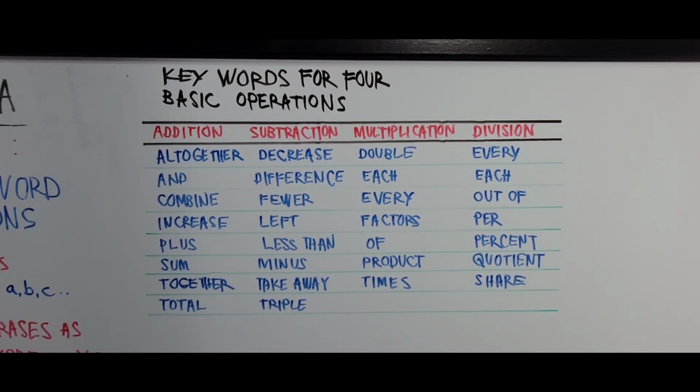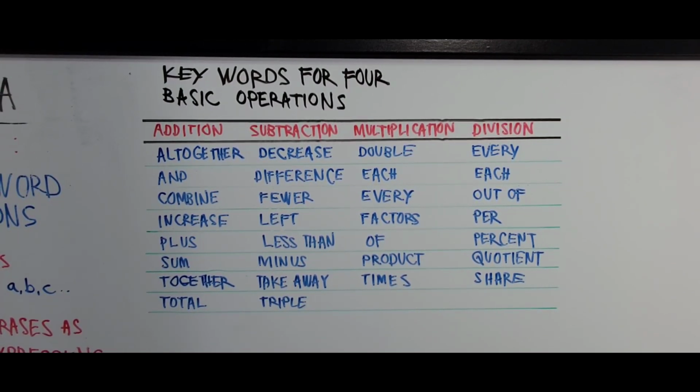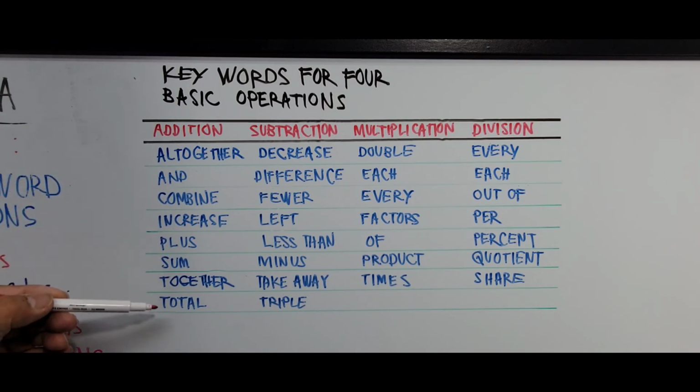Now I'm showing you a table right there. Those keywords signal addition, subtraction, multiplication, and division, the four basic operations of mathematics we encounter in simplifying algebraic expressions. If you notice, those are tabulated right here, see total and all that. Subtraction, decrease right there.